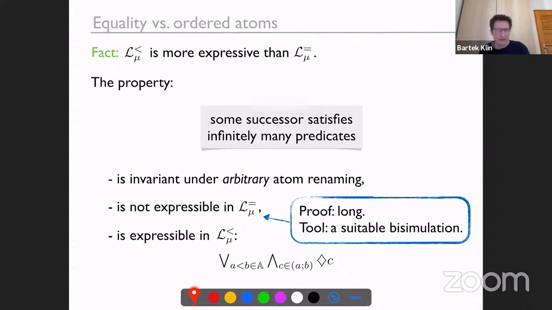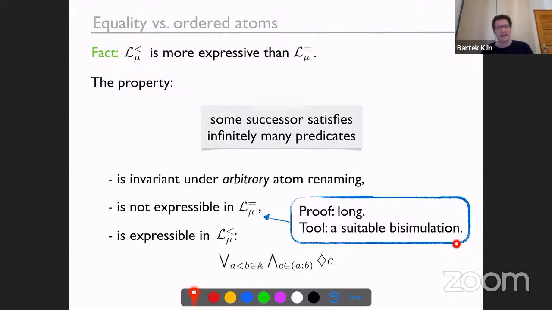The proof is not very easy. Whenever I say that something is not expressible in some calculus, the tool in the proof is always a suitable notion of bisimulation. You come up with a notion of bisimulation.